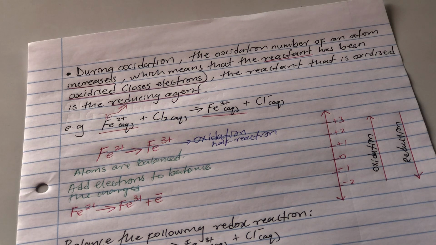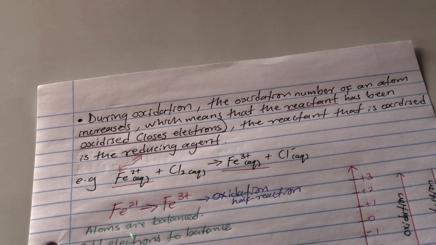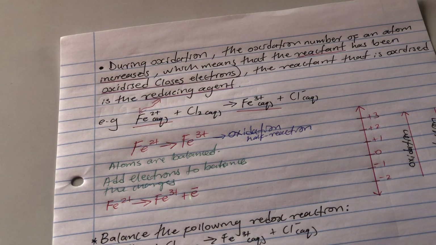But let's check the charges. On the side of the reactant, we have 2 plus, and then on the side of the product, we have 3 plus. Not balanced. To balance them, we have to add electrons on the side of the product. In this case, we are going to add 1 minus, which is one charge here.